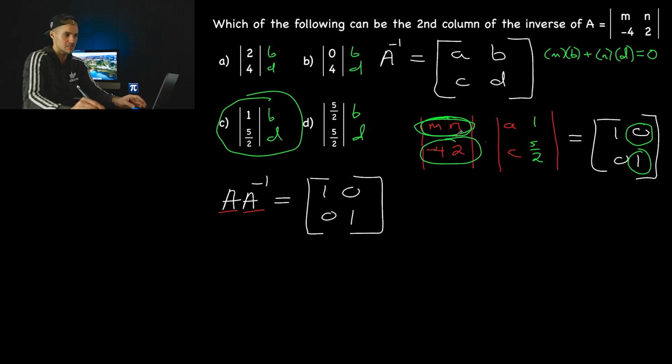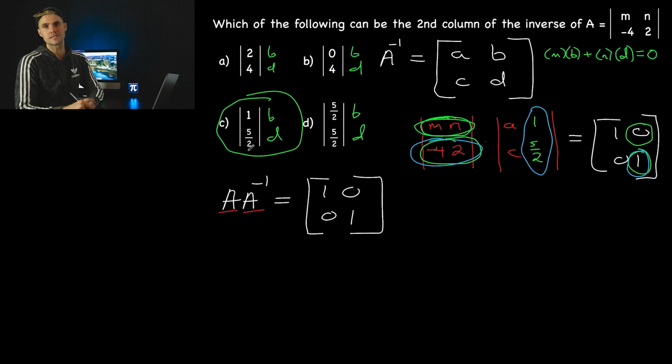But if we take -4 and 2, multiply it by 1 and 5 over 2, second row, second column of the identity matrix is this entry of 1, that pivot point of 1. So -4 times 1, -4, plus 2 times 5 over 2, which is 5. -4 plus 5 does indeed give us 1. So the answer to this question is C.